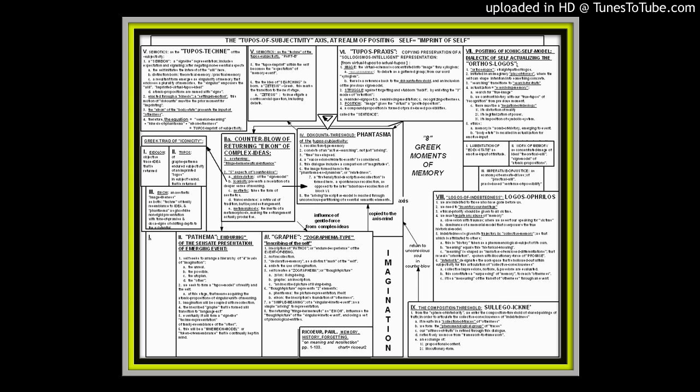And it all evolves at the composition threshold, where we compile what Ricoeur calls a collection of the traces of otherness, a sulego ikne, a collection of traces. And a collection of traces, in the Greek, it means the footprint.